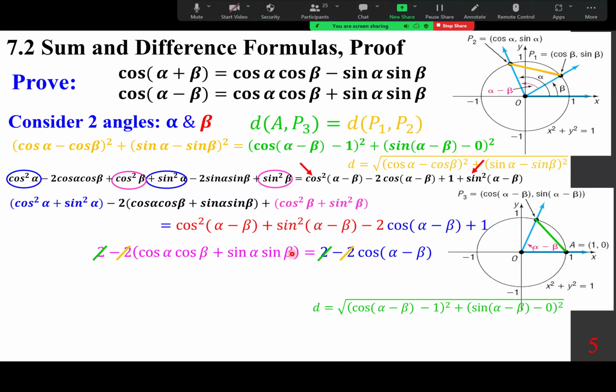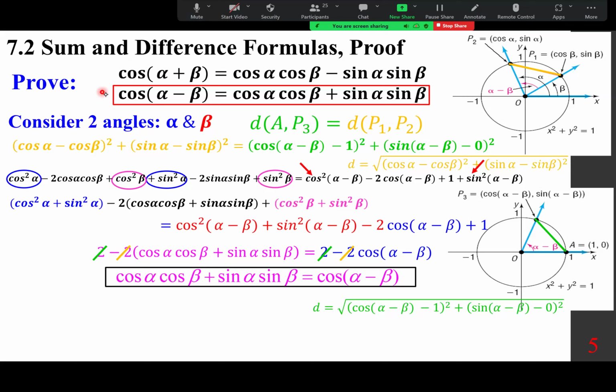So we are going to write this equals this. And take a look. What is this one? This is cosine of alpha minus beta. We proved that cosine of alpha minus beta is cosine alpha cosine beta plus sine alpha sine beta. We proved that, and that's what we've been looking to prove.